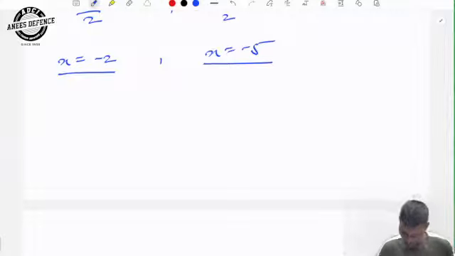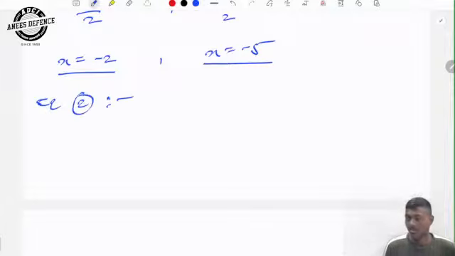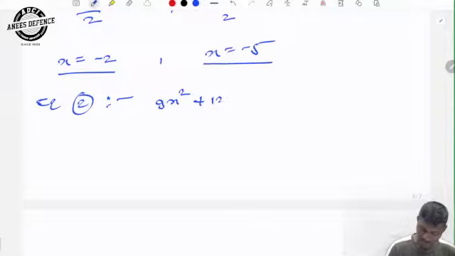We will solve some more examples. Example 2. 9x square plus 12x plus 4 equal to 0.